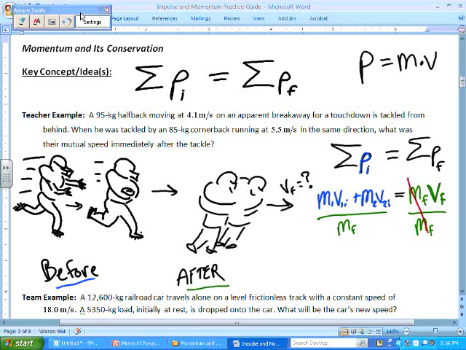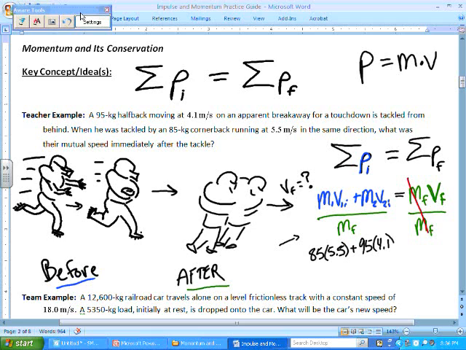So you plug your numbers into this fraction right here. The initial mass of 85 kilograms was going 5.5 meters per second, plus the other mass of 95 kilograms was going 4.1 meters per second.